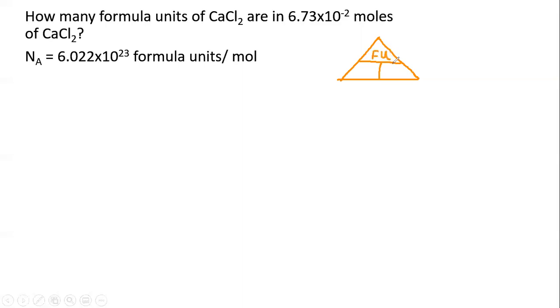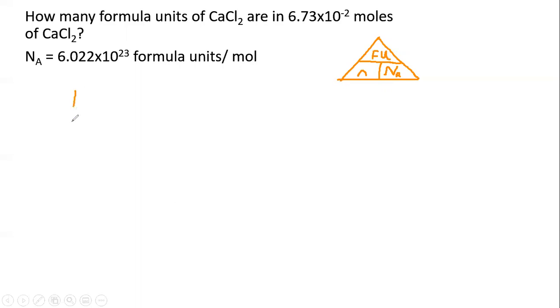So formula units is on top. Avogadro's number is in this corner. And then we have moles. So in order to find formula units, we need to take the moles and multiply it by Avogadro's number.